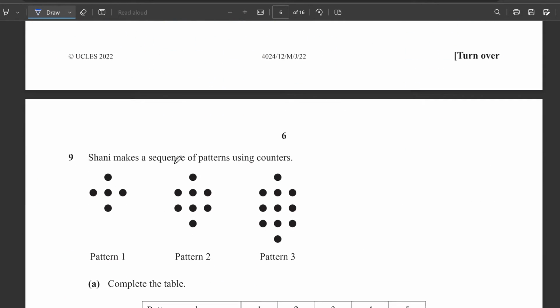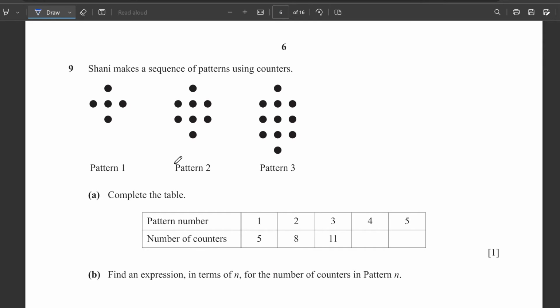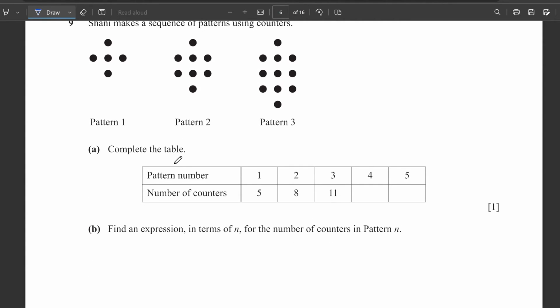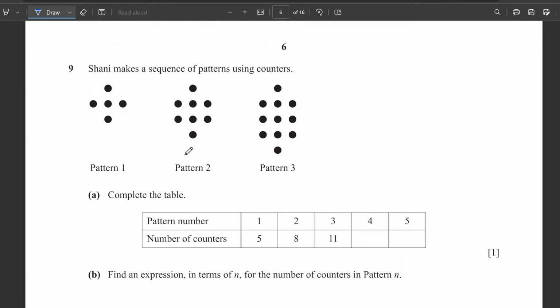All right, next one. Shani makes a sequence of patterns using counters. Pattern 1, pattern 2, pattern 3. I see an interesting pattern over here. We have 3 counter tiles in a horizontal direction like this, and then we're given 2 extra ones at the top and at the bottom.